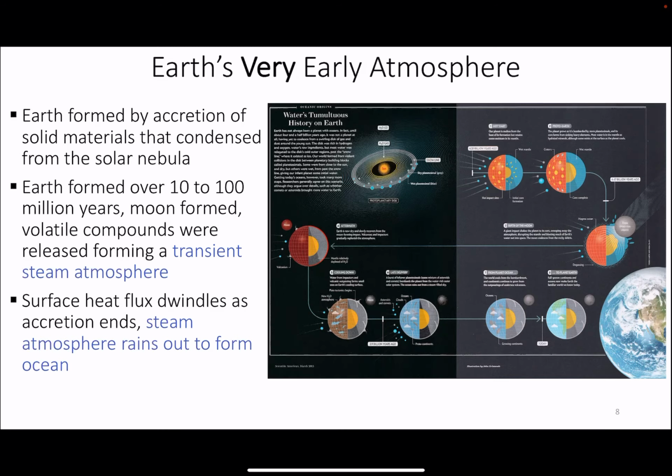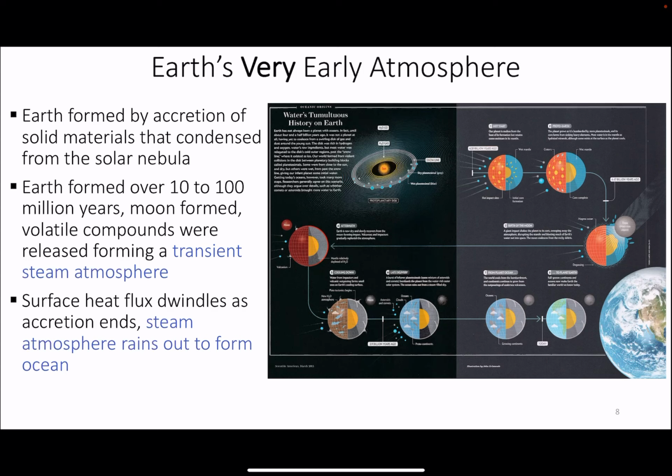Okay, so Earth's very early atmosphere. Let's think about what was happening back then. The Earth itself formed by accretion of solid materials from the solar nebula. It took about 10 to 100 million years for this process to happen, for there to be an actual solid planet, during which time the moon formed.